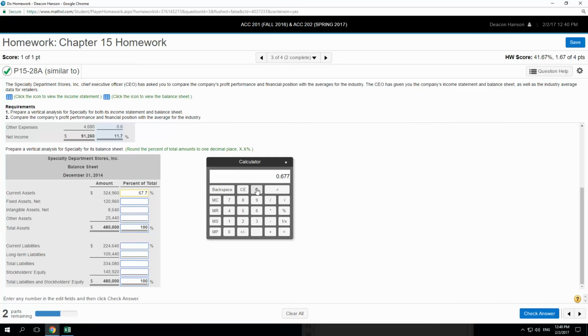The second one I was about to divide by current assets, but we got to divide by total assets of 480. That would be 1.8%.